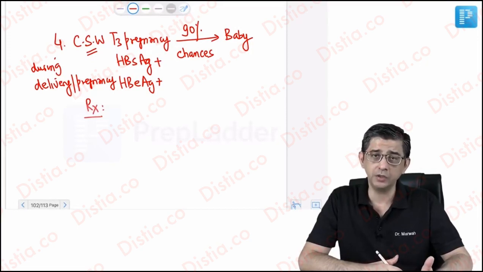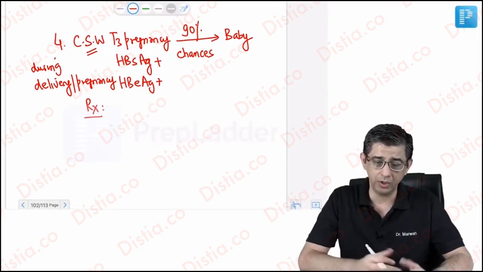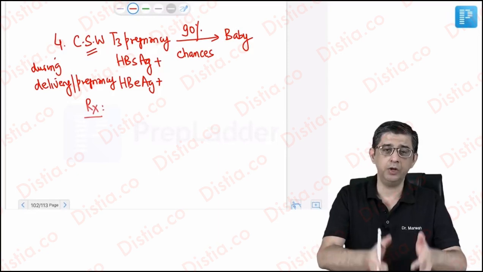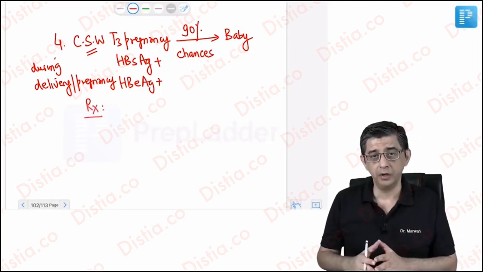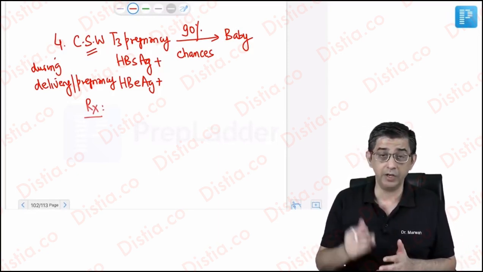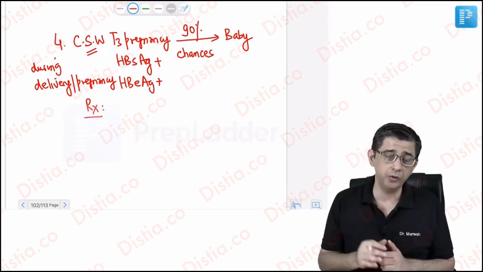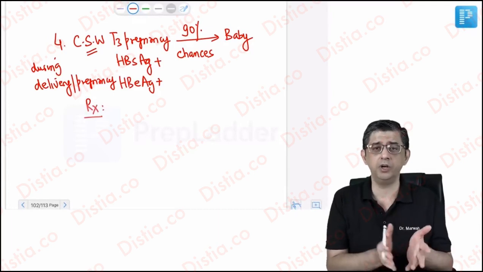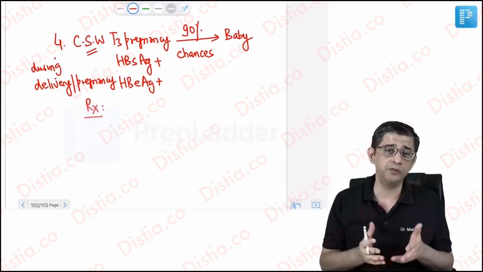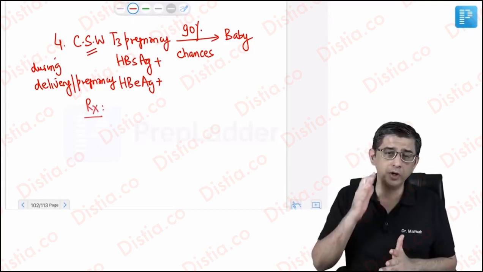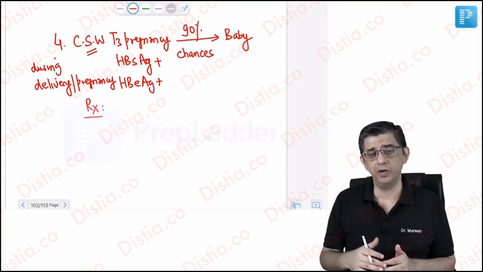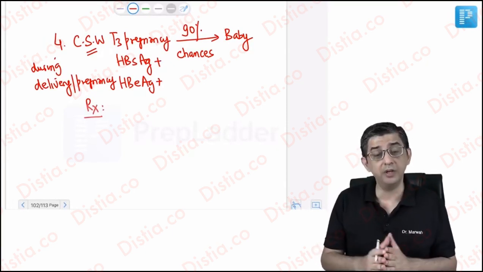Even if you do a cesarean section, even if you give an incision over the uterus and take out the baby, he is still coming out via the mother's blood and the maternal secretions as well. So the eyes of the baby will still be exposed. There will still be conjunctival inoculation. Even if you do a cesarean section, the only thing is it will be a controlled operation, so maybe the amount of exposure is lesser. Maybe you will reduce from 90% to 60, maybe 70, maybe 50%, but not make it 0.